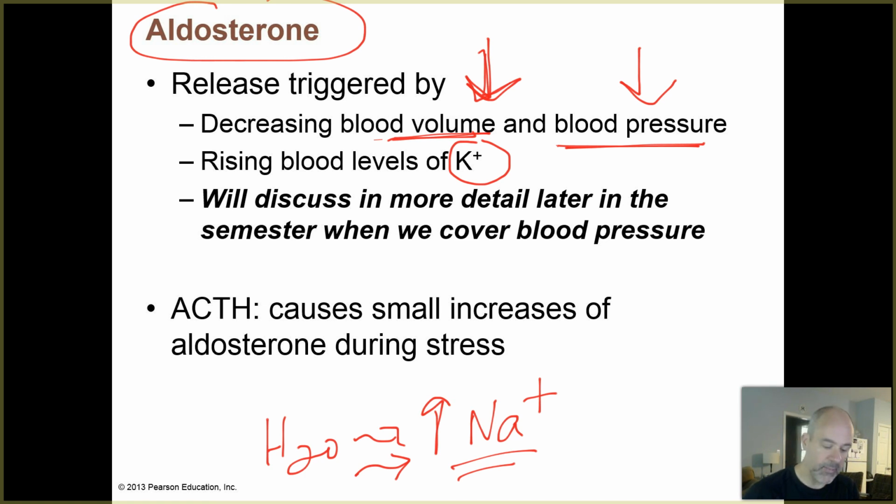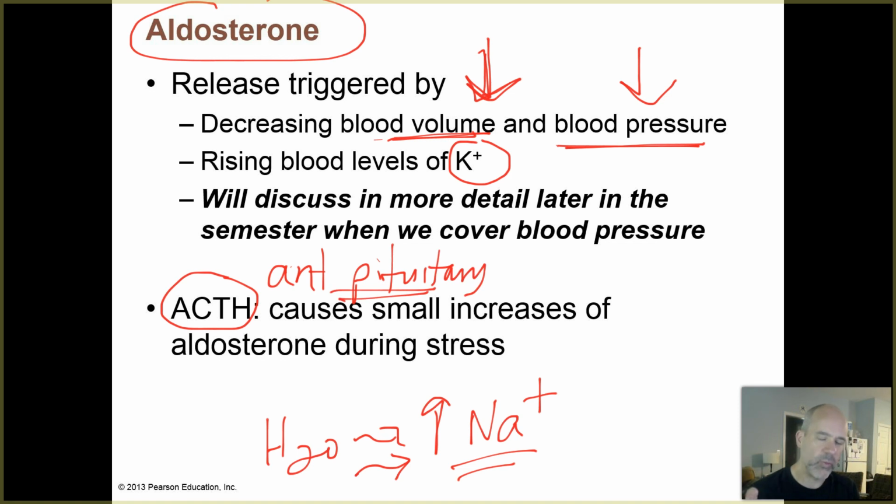Another thing that can stimulate aldosterone secretion is ACTH. So that was adrenocorticotropic hormone, and that was one of those anterior pituitary hormones. And as we'll see, the anterior pituitary secretes ACTH.